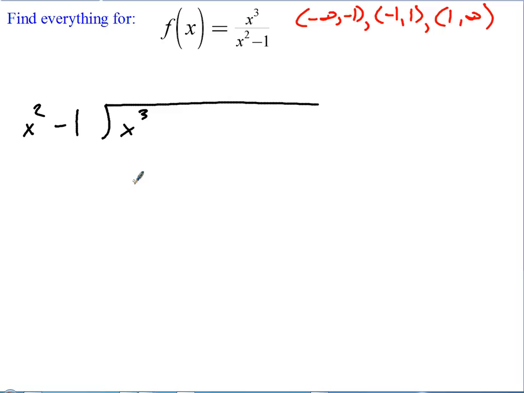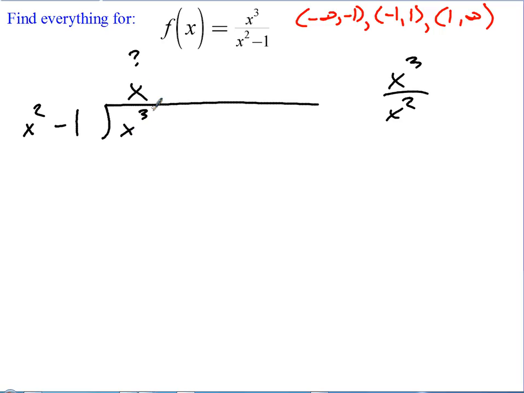I just want to know how many times does the dominant term outside divide into the dominant term inside, aka x squared times what is x cubed. I could always just write it out, by the way. If I want to know what goes there, I could just divide the first two terms, x cubed divided by x squared. It's x, isn't it? I always ask myself, what times that is that? That's an easier way to think of it for me, but maybe it's not for you.